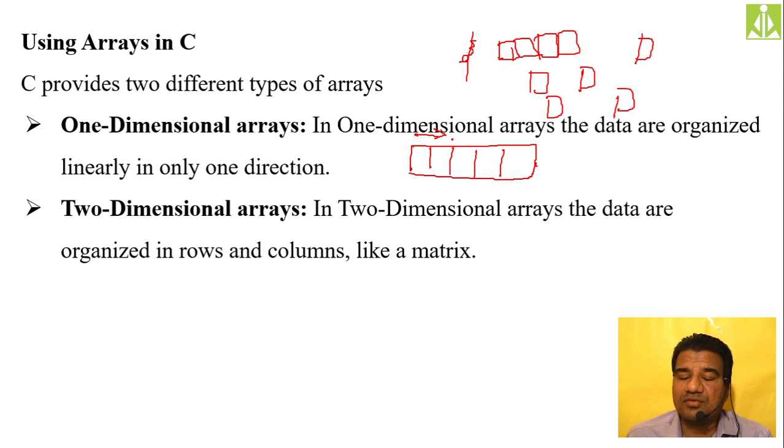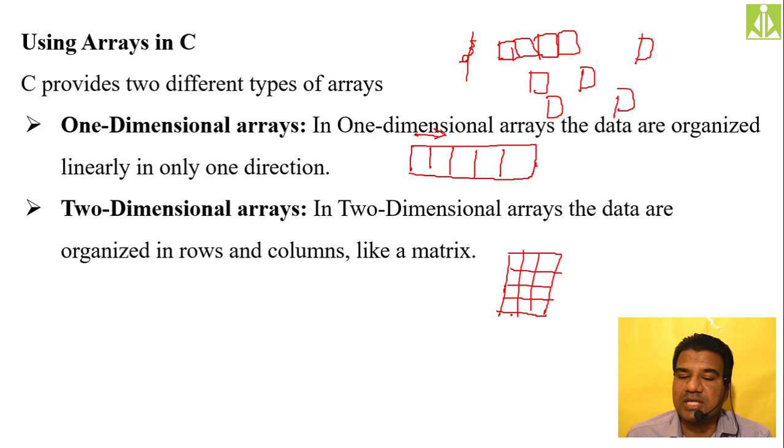Then we have the two-dimensional array. In the two-dimensional array data structure, all elements will be framed in 2 dimensions. So these are individual dimensions, individual rows and then columns. It is a two-dimensional array where the data are organized in rows and columns like a matrix.